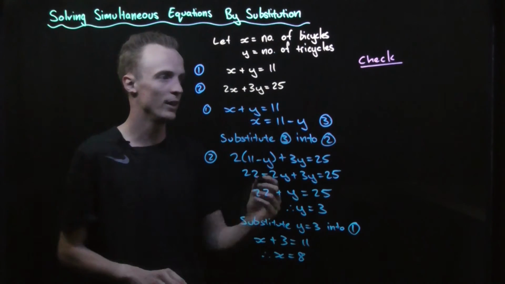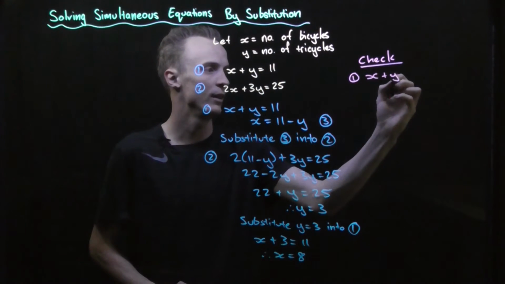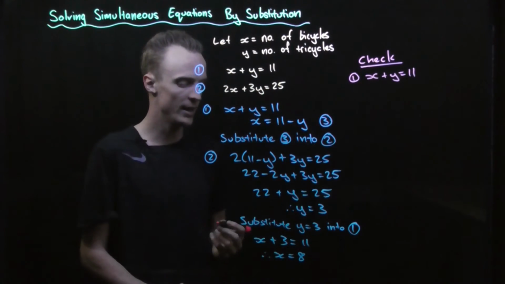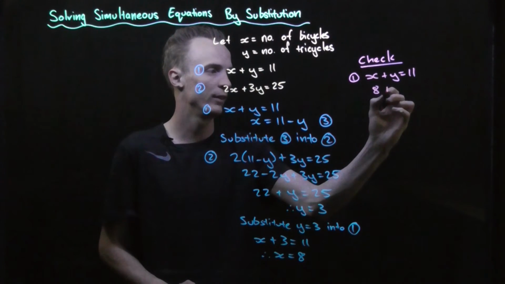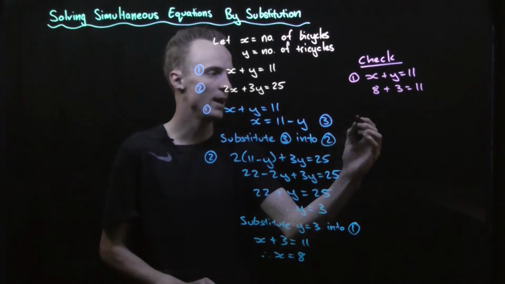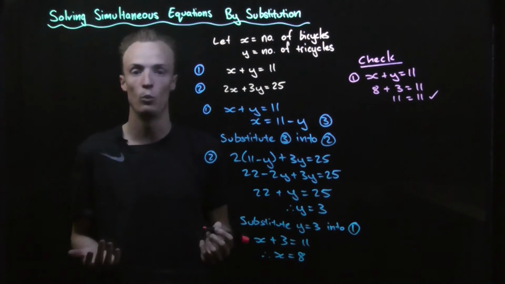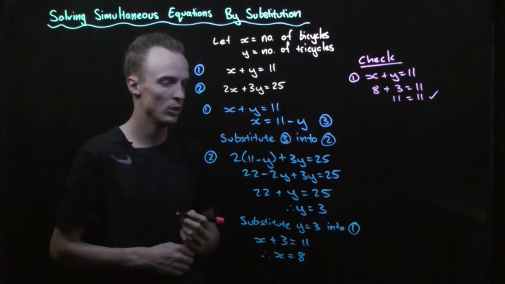So we start by checking equation 1, which was x plus y equals 11. Our x value should be 8 plus our y value of 3, which should equal 11. 8 plus 3 does equal 11. So it works for equation 1. What about equation 2?